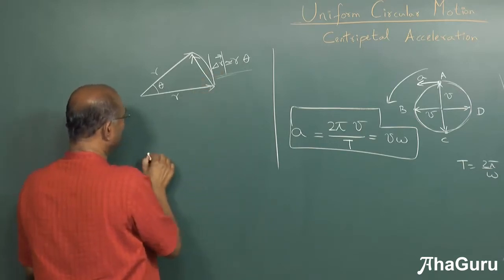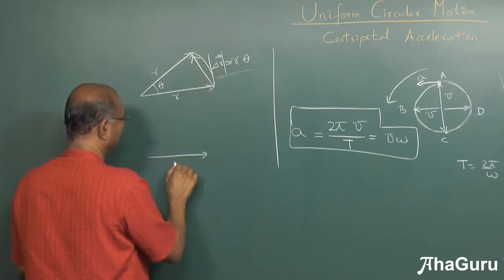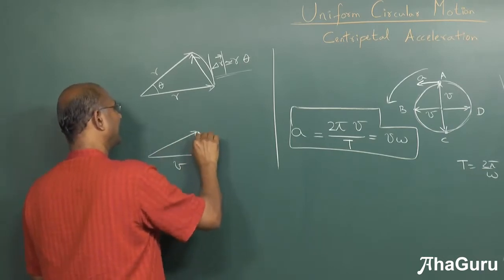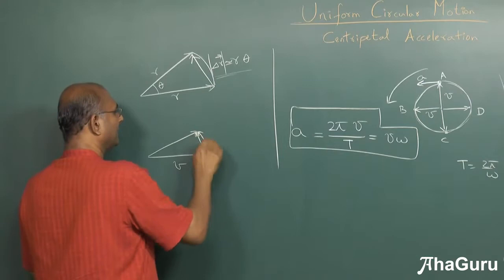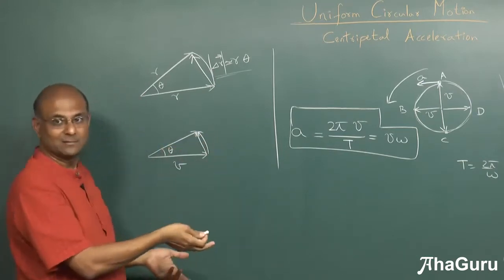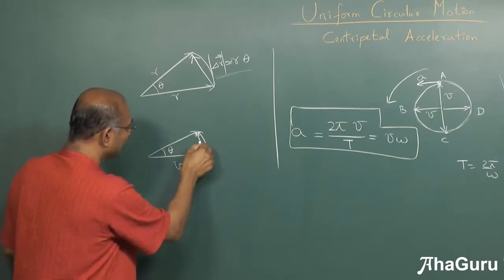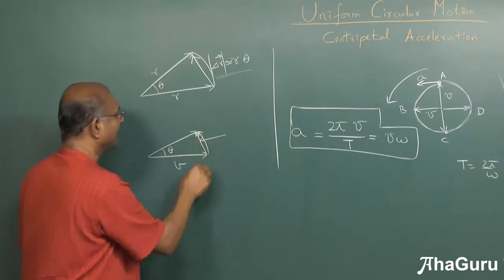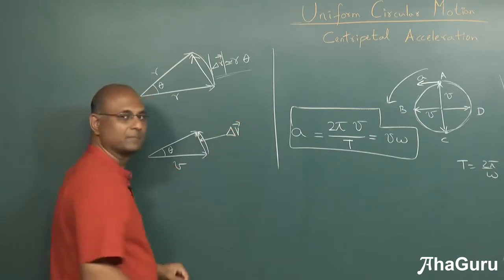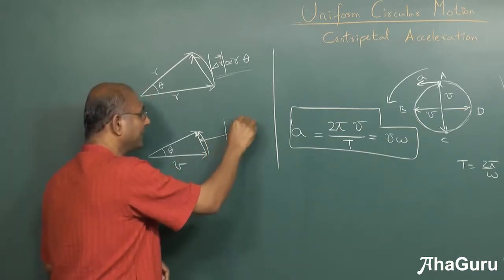So if that is true, then I can do the same with velocity. If this is v, that is v, and I have had a change in v, the arc length change in v, if this is theta, that should have been v theta. But I am interested in this part, not in that part. So this part, what is this? This is delta v, magnitude of delta v.